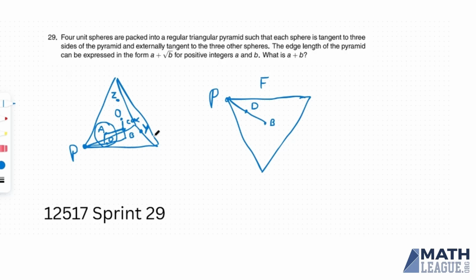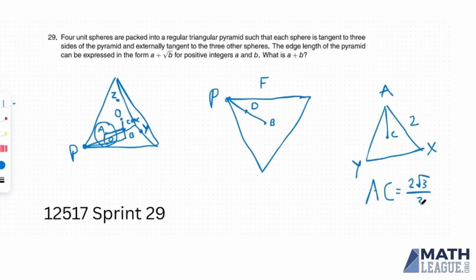And because, again, of symmetry, C is going to be the centroid of our triangle AXY. Then we have an equilateral triangle AXY with side length 2 and centroid C. So we know that AC is going to equal 2 root 3 over 3.